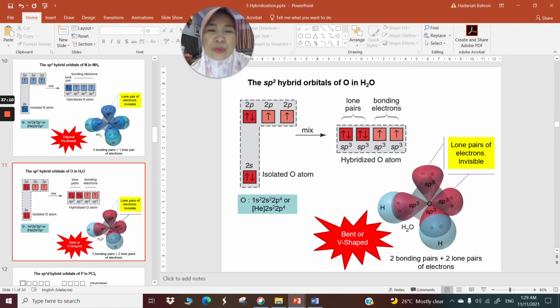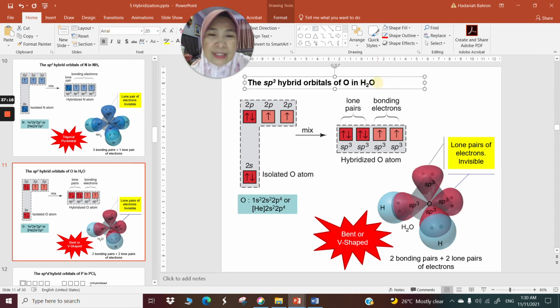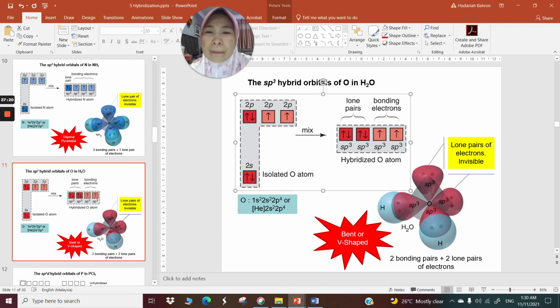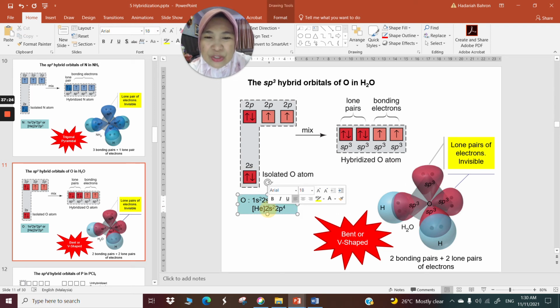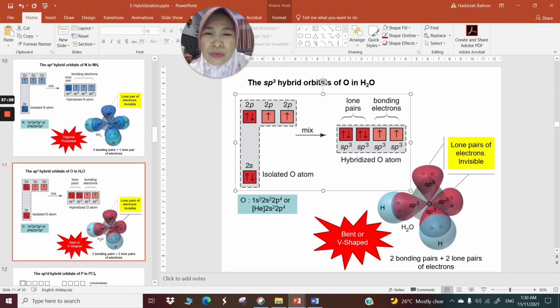And next, I'm going to talk about the sp3 hybrid orbital of oxygen in water. The same story goes. We start with oxygen, you have 6, yeah? 2s2, 2p4, 6 valence electrons, 2, 4, 5, and 6. So you are hybridizing the s and the 3 p's.